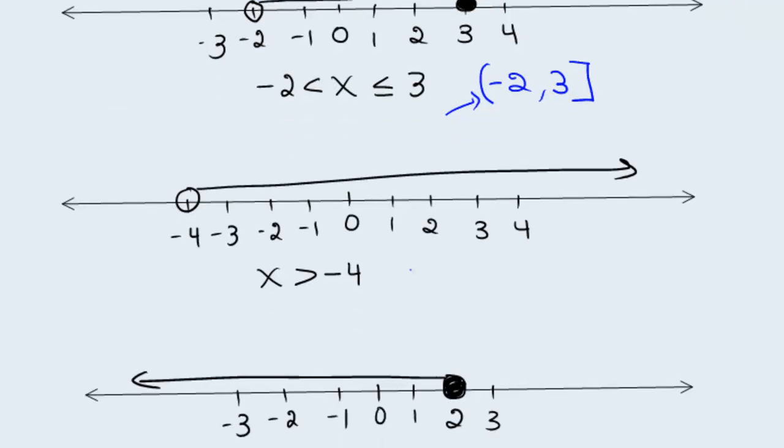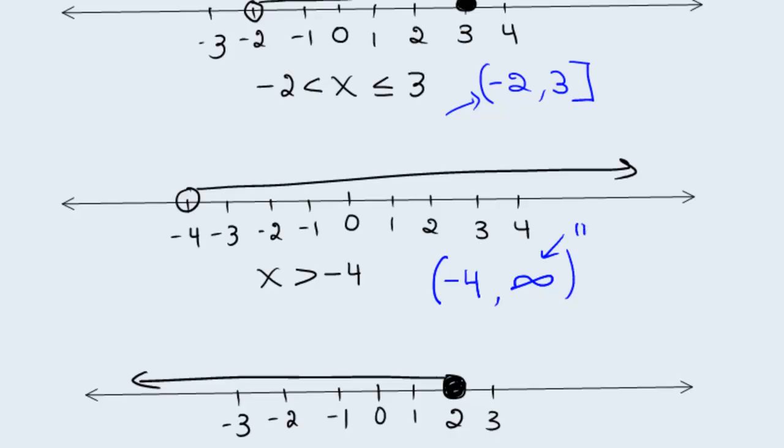Here the chunk of real numbers we're talking about is all the numbers greater than -4. So I make an open parenthesis, write the -4, and then it's from -4, not including -4, all the way to the right, going on forever. So here to express that idea we need a new symbol, and we use this one.